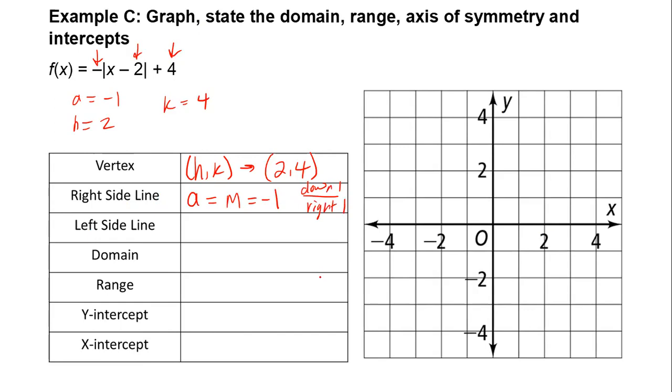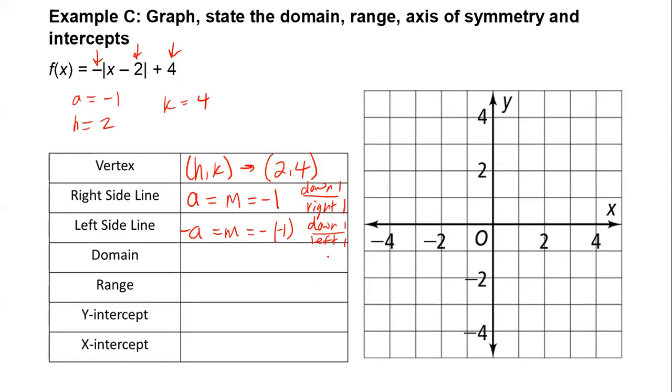Your left side is -A. That's going to tell you the slope of your left side. So that equals negative times our A. What is our A? A negative times a negative is a positive. So again, this time I'm going to go down 1, but instead of going to the right, I'm going to the left.